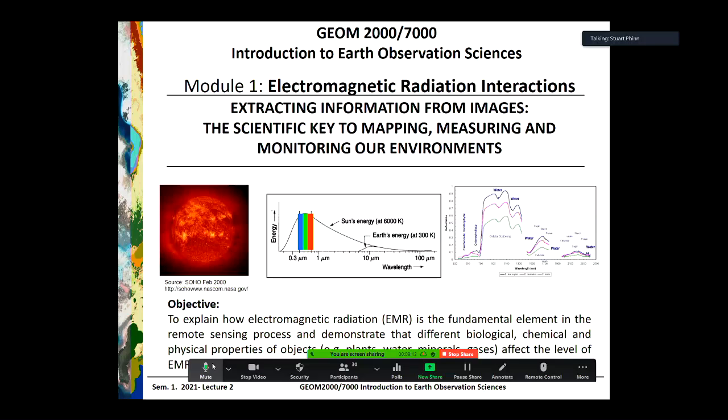Okay, so this week we've got a lecture. We're sort of jumping into the main part, or the key scientific underpinning of the course, and we also have a practical this week, running on Wednesday. This week's practical, you'll be using the QGIS software again.